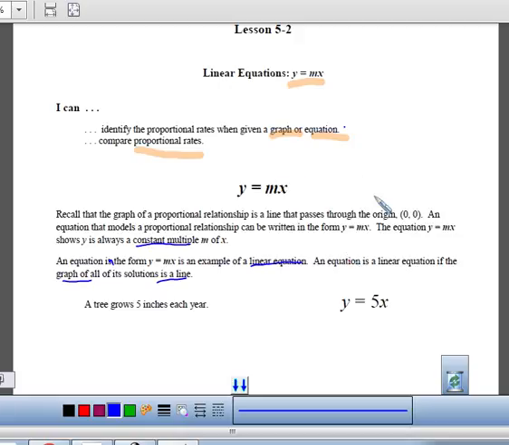Okay? Now let's talk about what we have here. This right here is a formula. So write this down, a formula for a line that passes through or starts at (0, 0).